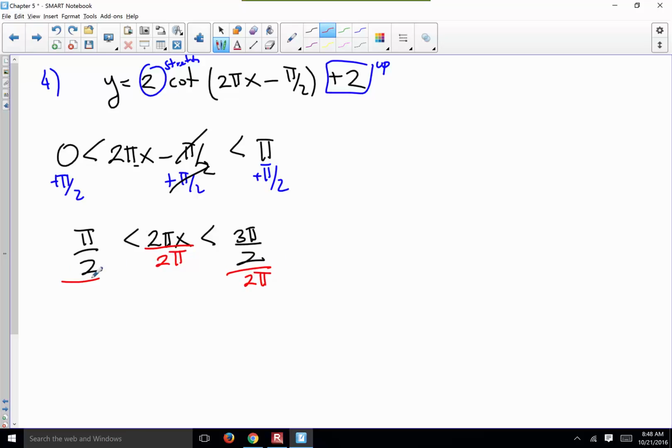The pi's will cancel, and dividing by the extra 2, you already divide each term by 2. So 1/2 is going to make 1/4, and this is going to make 3/4.